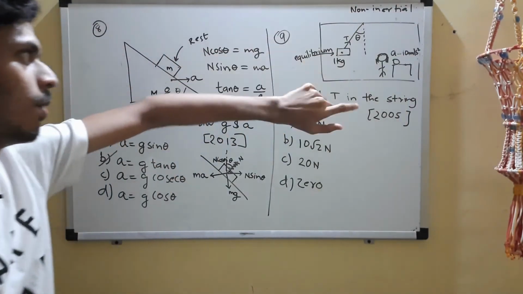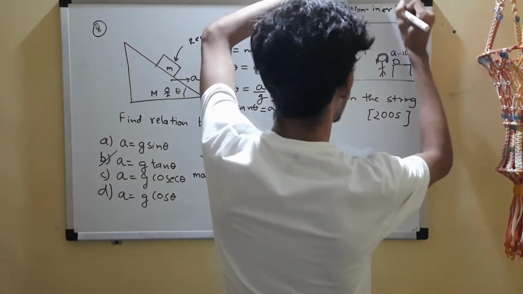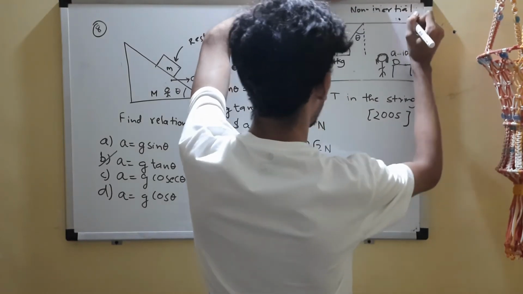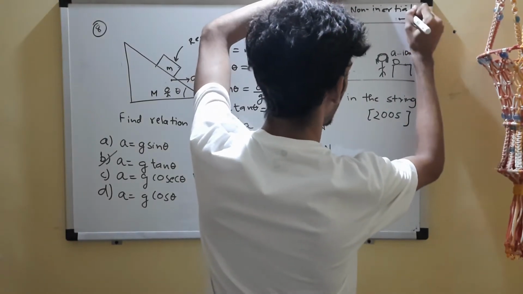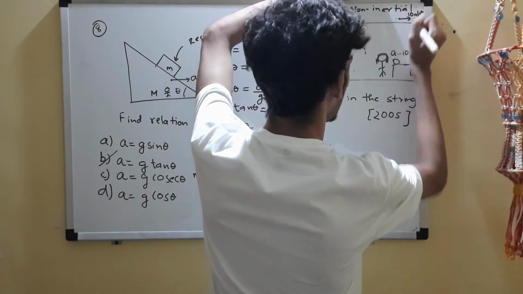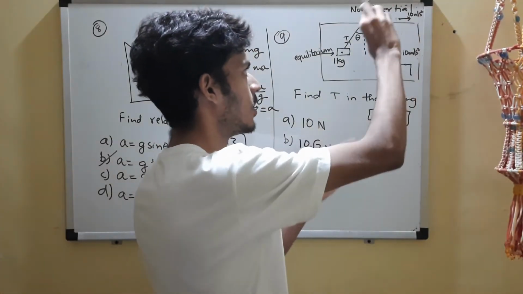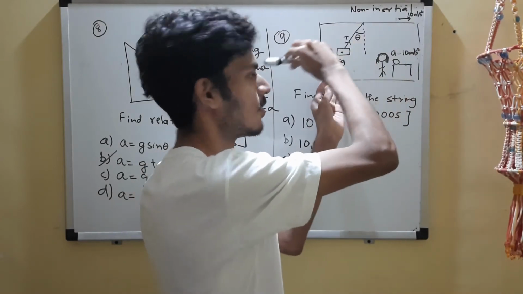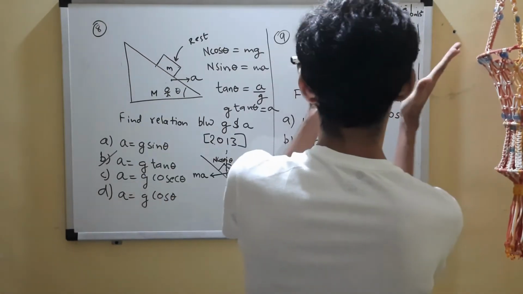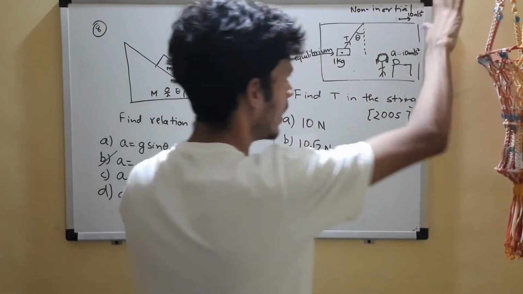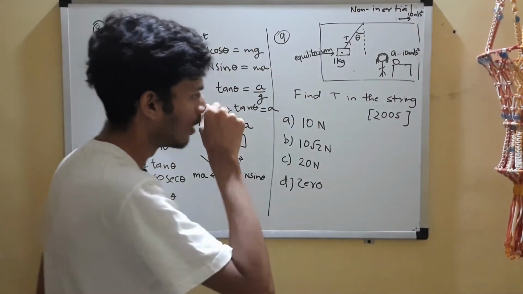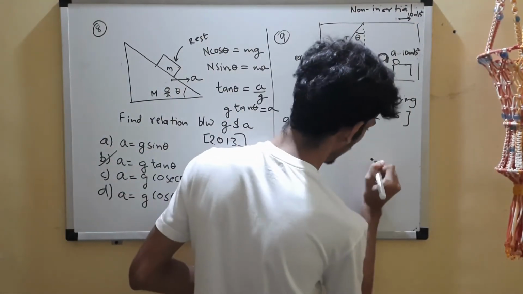Now the acceleration is 10, so this also has acceleration 10. It will be in this direction. How did I decide the direction? Because I know I am going to flip this acceleration and give it to this block, so it should go back. That's how I declared the direction. Okay, now let's draw the FBD of that block.